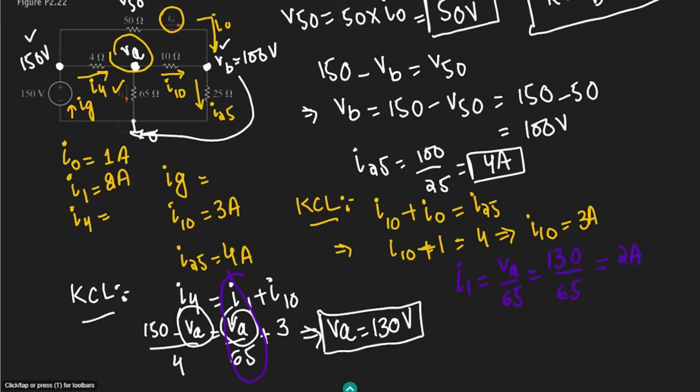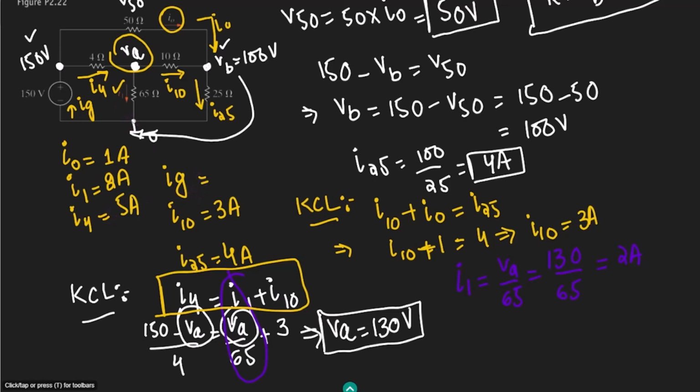Similarly, from this KCL formula, we can put the value of I10, which is 3, and the value of I1, which is 2, so 2 plus 3 is 5. So here this is 5 amperes. So these currents are known.